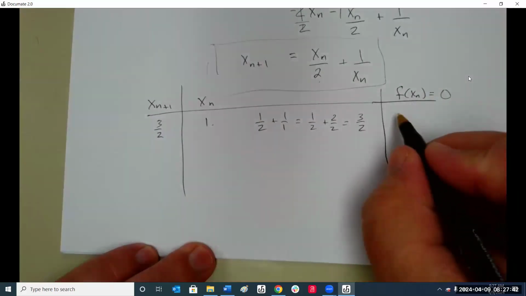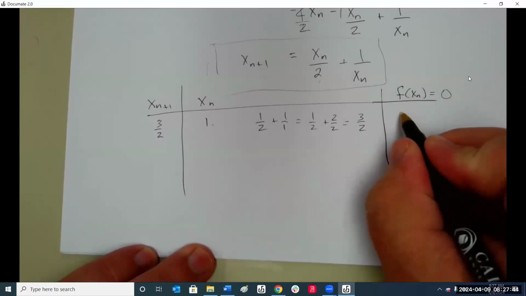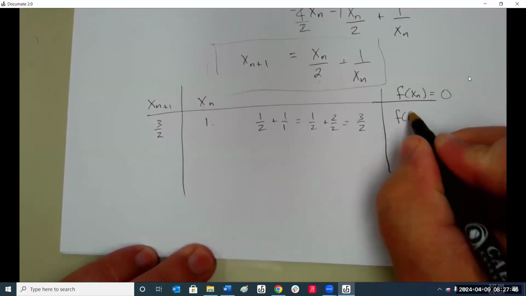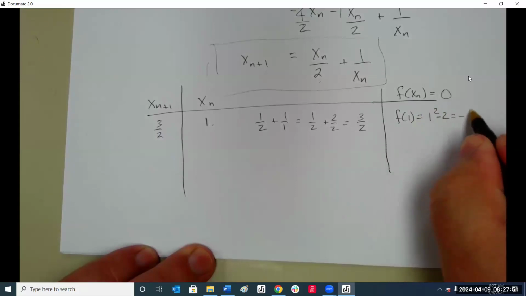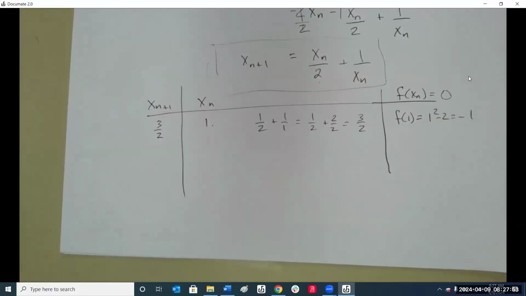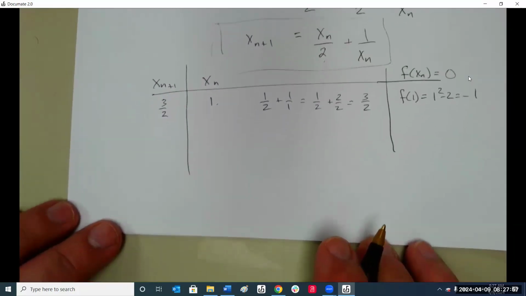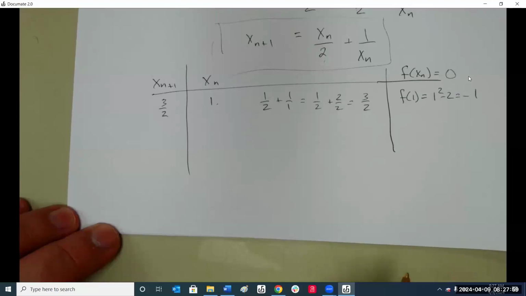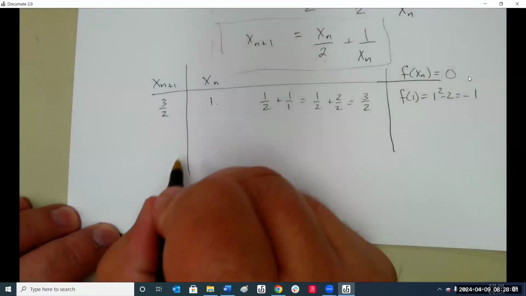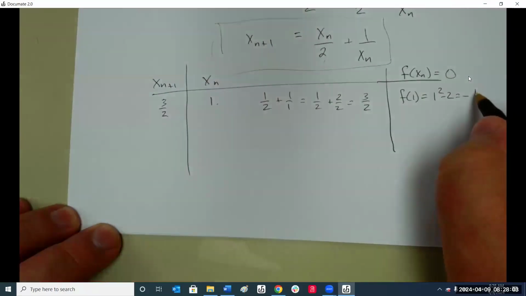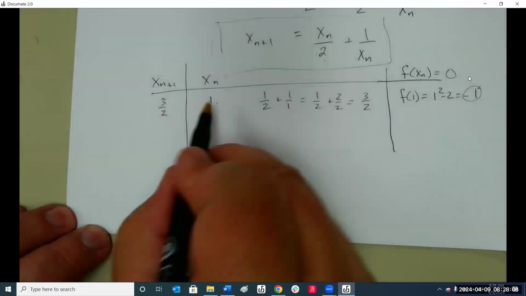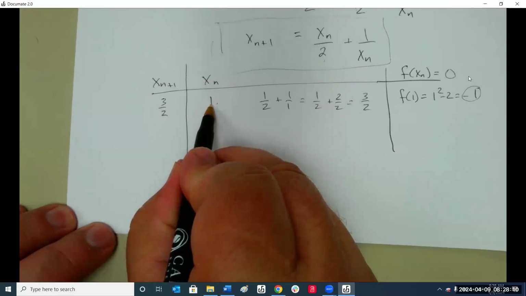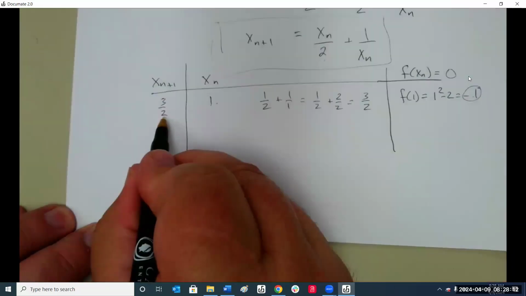So when we first put in x sub 1 inside there, we get 1 squared minus 2 is -1. So this is our f of x sub n. That's at 1, our y value at -1. So let's try at 3/2.